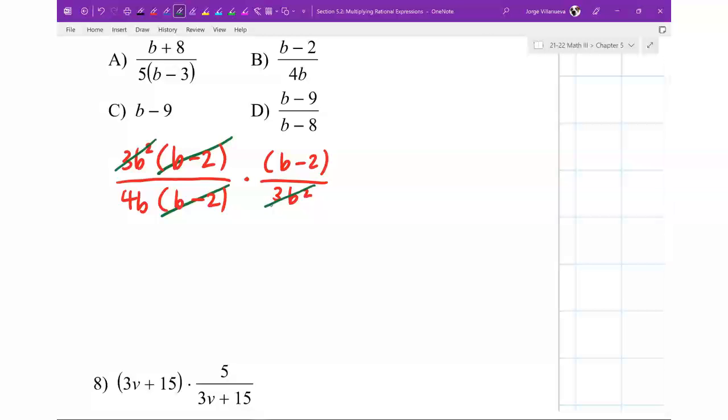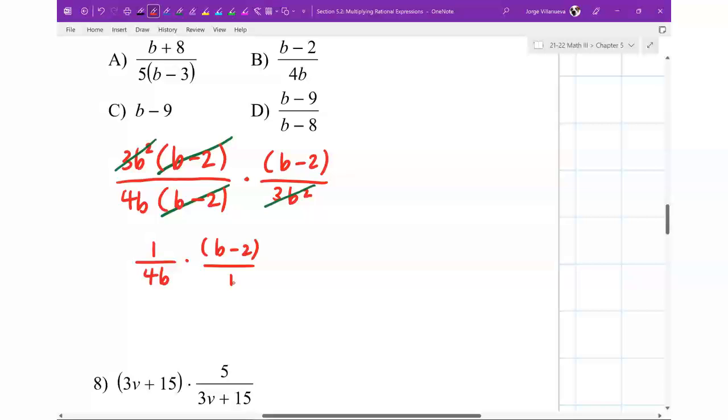Is there anything else I can get rid of? Well, don't do these, okay? Don't say, oh, this b with that b, because remember, the only way you can get rid of the b minus 2 is by getting rid of all of it, not just a little piece at a time. So this is what this problem looks like. Up on top of the first fraction is just a 1 over 4b times b minus 2 over 1.